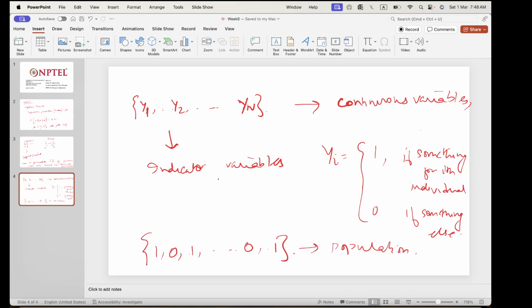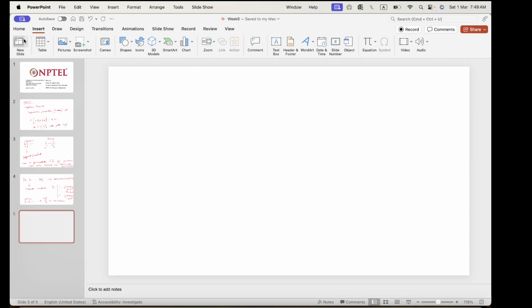Okay, we'll have indices. So this will be individual 1, this will be individual 2, and this will be individual 3 or n, let's say. Now the problem translates to, if in this sample I want to know how many ones there are, that would give me the total count.